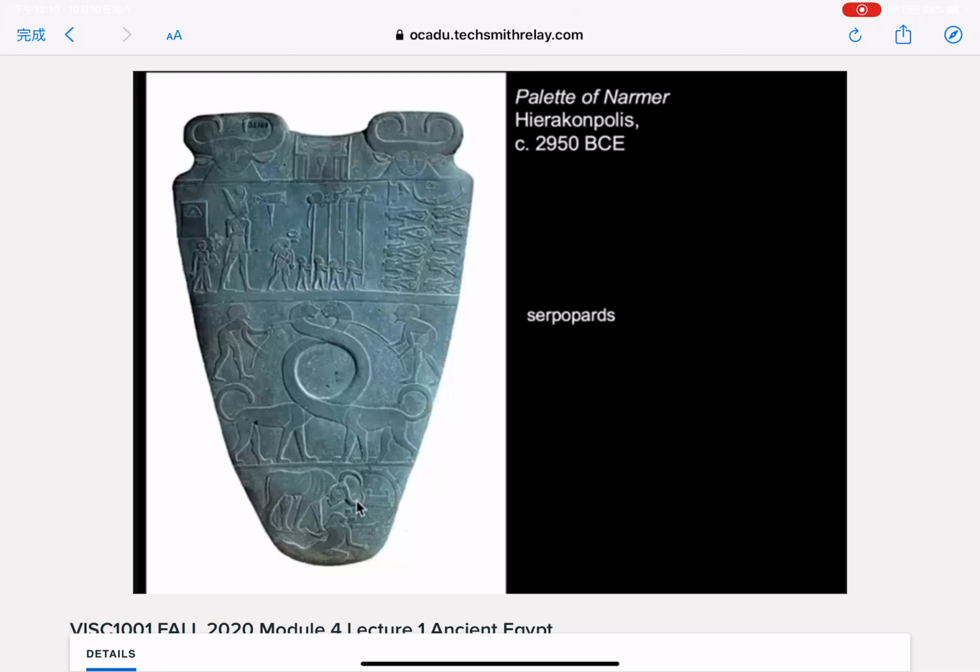There's a little platform and then a curving line, and this curving line represents like an outer wall of a city. Known for its strength and virility, the bull is another way of symbolizing the power and might of the king. And remember, on the other side, a bull's tail is attached to the waistband of his shendyt.